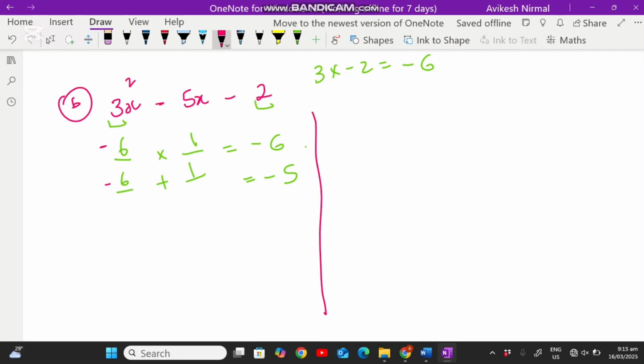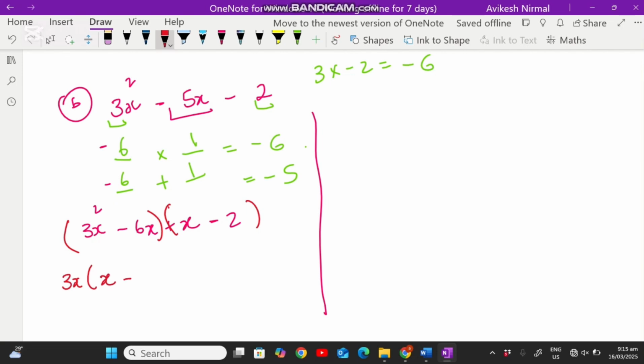And then I can write this as 3x squared, and remember this minus 5x, I'm writing it as negative 6x plus x, which is basically negative 5x, and minus 2. Now once again I am factoring them by grouping, so I'll group them. And then I will factorize them by common factors. So what is common here? 3x is common.